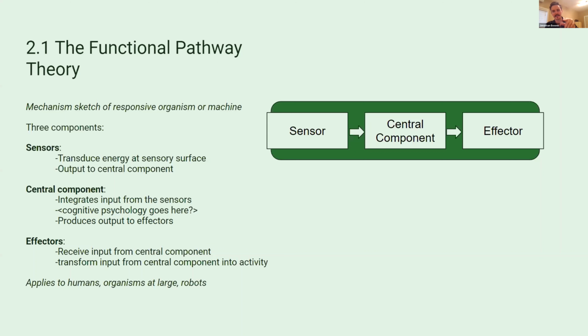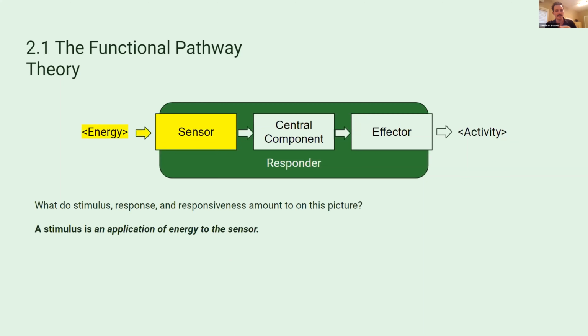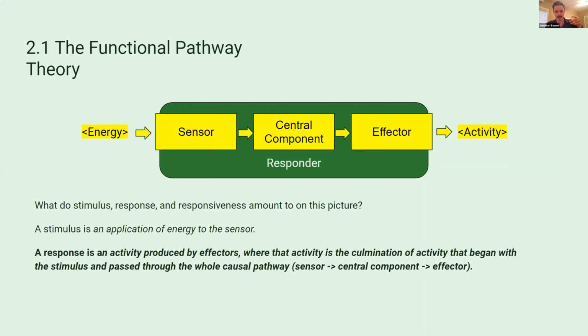People apply this scheme to humans, to organisms at large, and of course it's used in the design of robots. So what do stimulus, response, and responsiveness amount to on this picture? A stimulus is just an application of energy to the sensor. That's pretty straightforward. Response is a little more complicated.